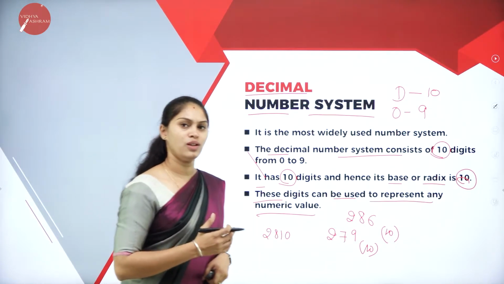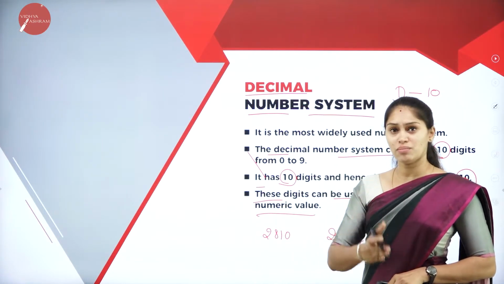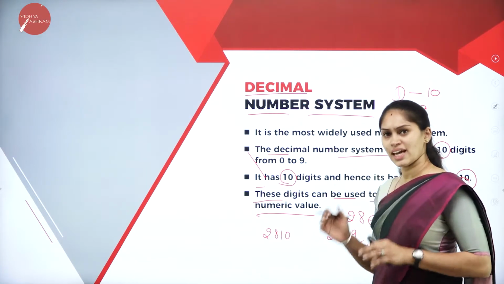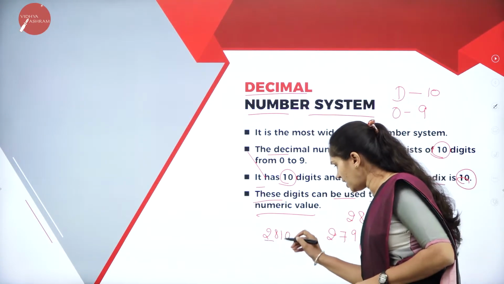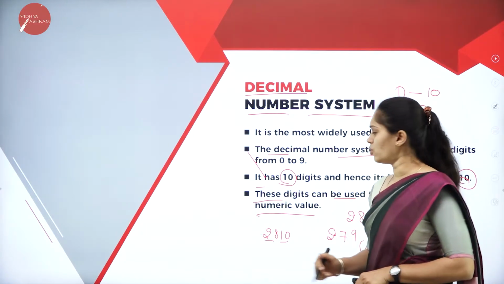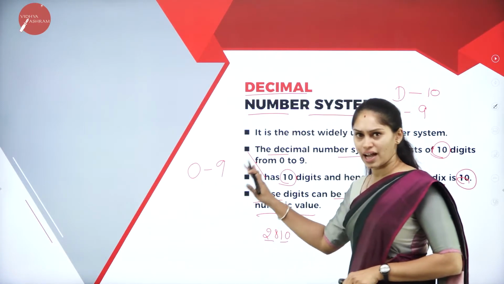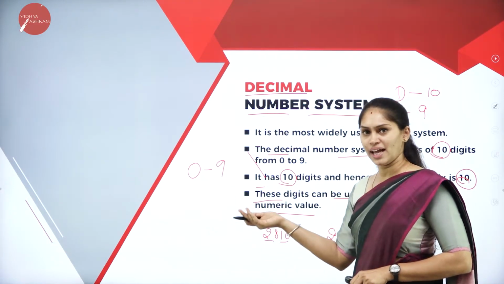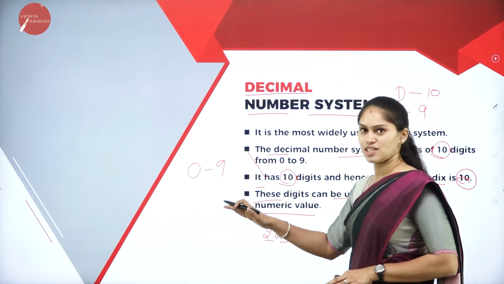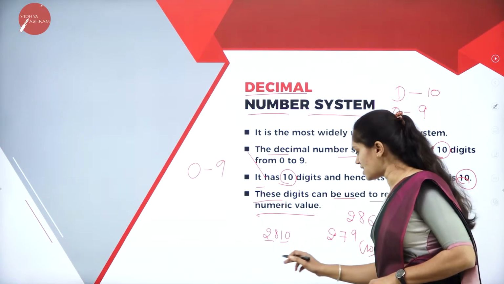Now 2, 8, 10. As I told you, the decimal number system has totally 10 digits, that is from 0 to 9. So 2810, can I consider this as 28 and 10? No. Why? Because we have to take only a combination of 0 to 9. The number can be anything, but it must be a combination of 0 to 9. So it will not be considered as 28 or as 10.